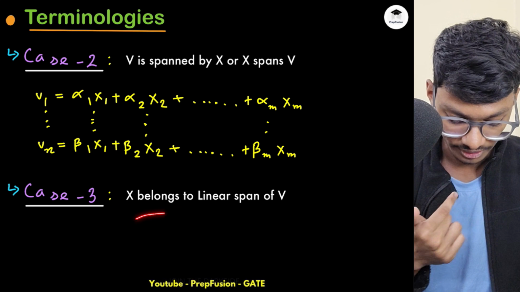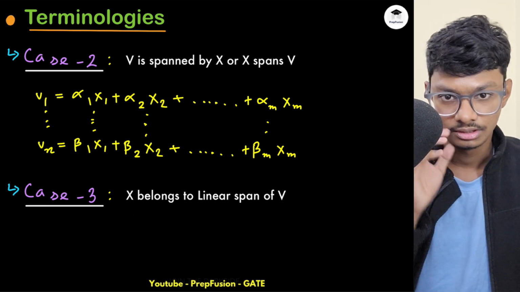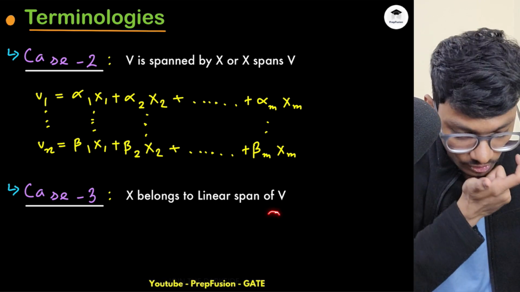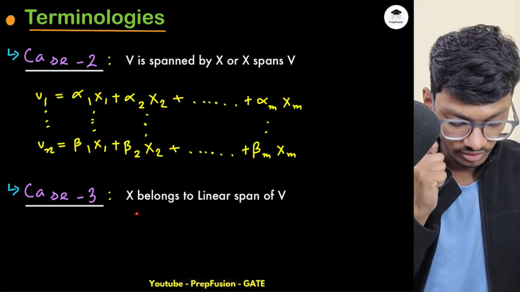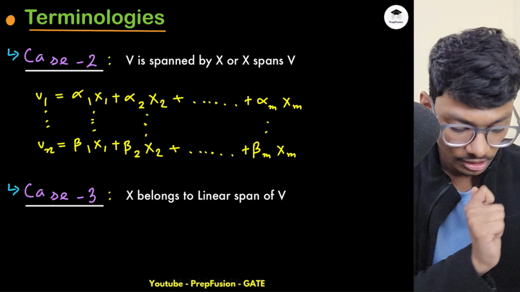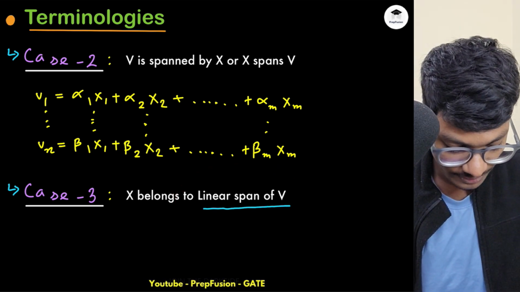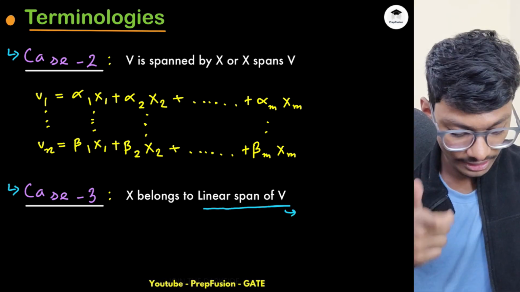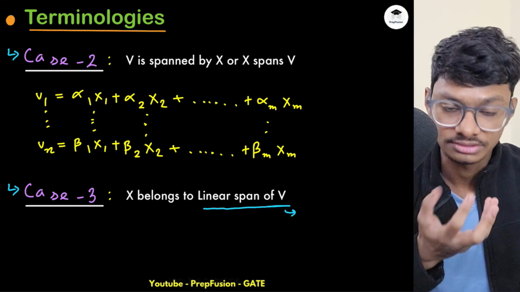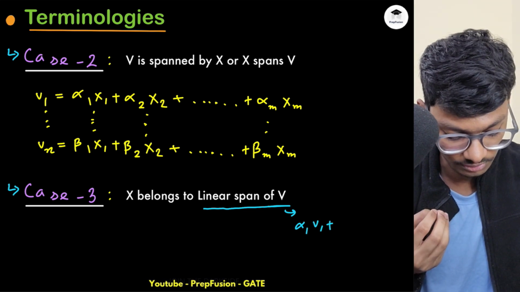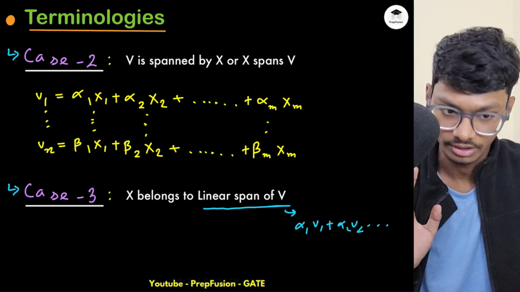Now this third case is very critical. Here X belongs to the linear span of V. What does this mean? What does the linear span of V mean? I can write it as alpha 1 V1 plus alpha 2 V2 and so on.